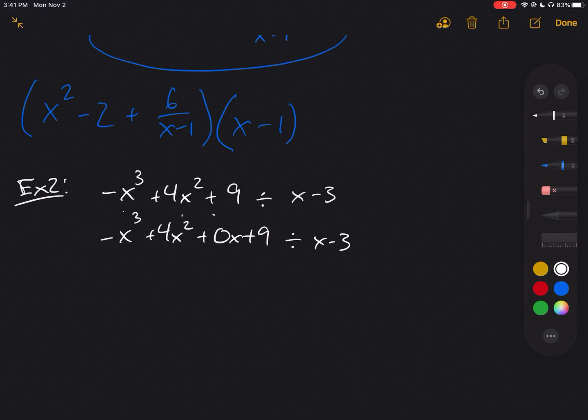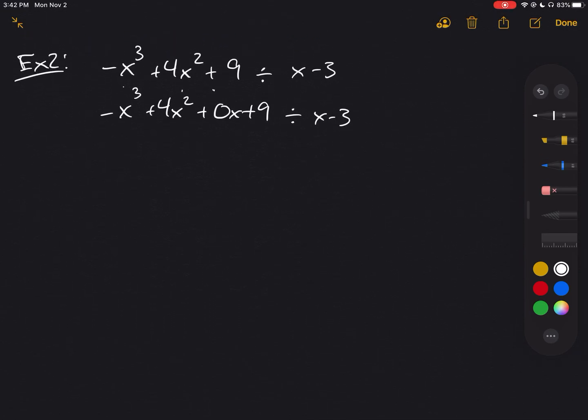What happens when we divide by polynomials is sometimes lower degree terms pop up. So sometimes an x term will pop up, and if we completely ignore that, then we're going to butcher our answer. So we've got to put in placeholders for terms that may not necessarily exist, or terms that are zeroed out. Okay, and you'll see that potentially they may pop up.